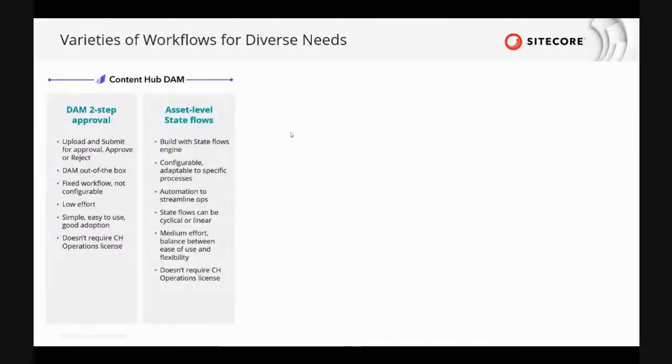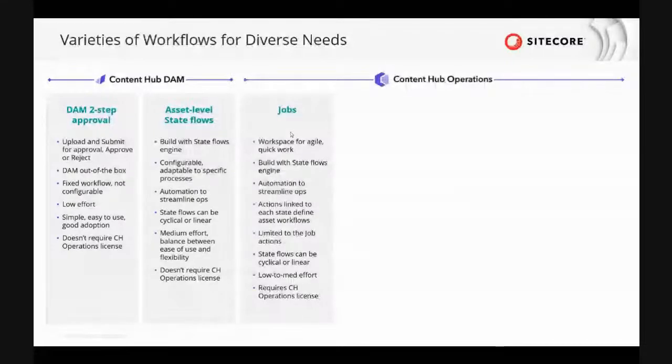It requires a medium effort of implementation, and I think it gives a good balance between ease of use and flexibility. Again, it doesn't require the Content Hub operations license because state flows are available in the base Content Hub DAM module. And now I'm going to move on into the Content Hub operations types of workflows.